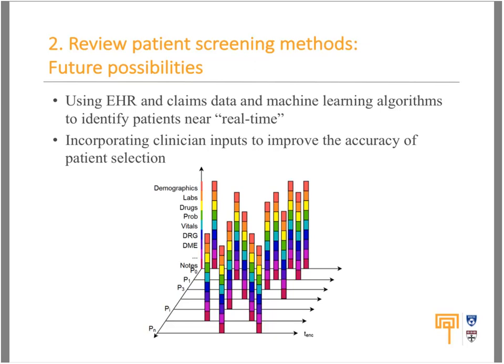For our project, we collected 5-year retrospective data of patients with serious illness, including heart failure, COPD, chronic kidney disease, and dementia. We collected their demographic data as well as their clinical data, such as their comorbidities, medications, lab data, procedures, and their billing data, like utilization and hospital visits.